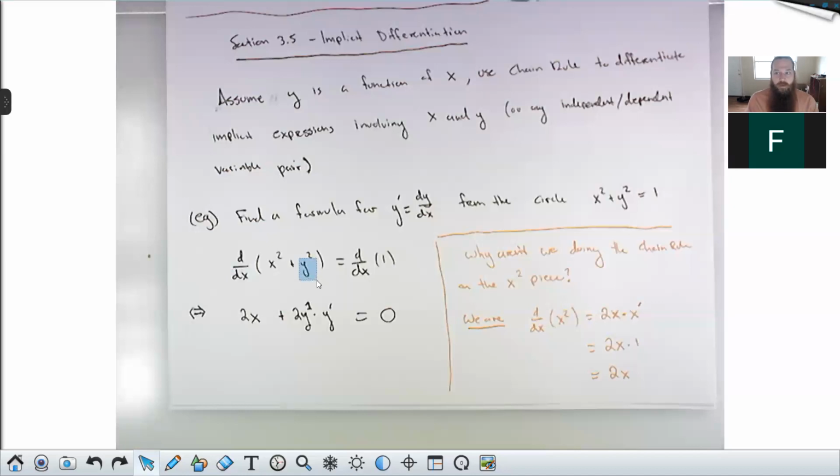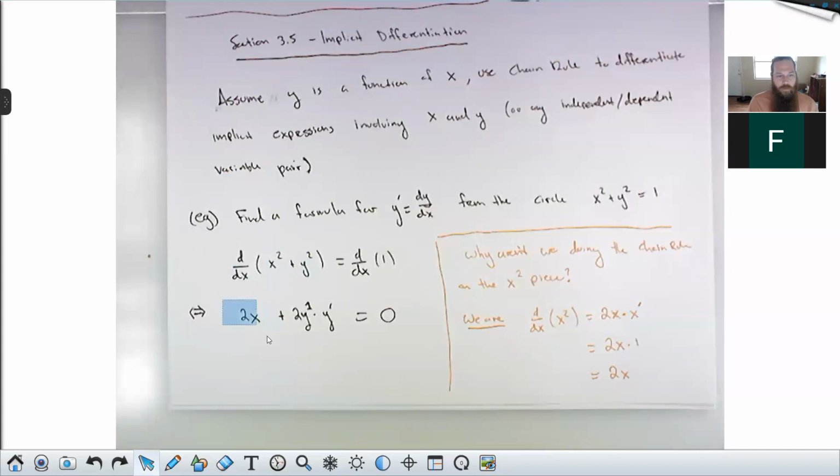Y is the dependent variable, but x is not really a function of x, it's independent. If you want to think of it as a function of x, you can, but then x prime is just 1. The derivative of x on its own is just 1. So even if you try to attack this piece with the chain rule, the thing that you would multiply by here is 1, and it would always be 1.